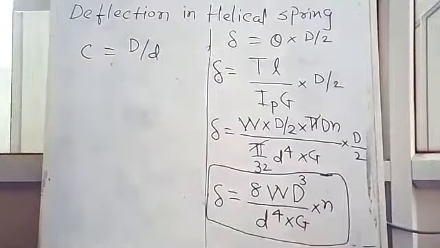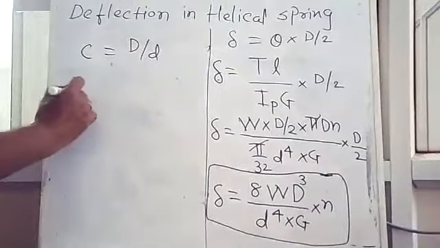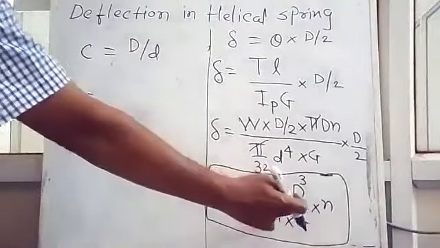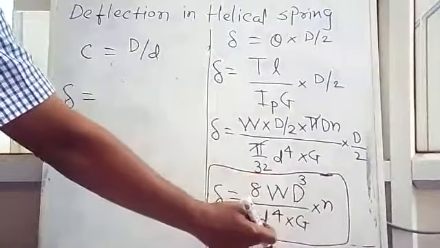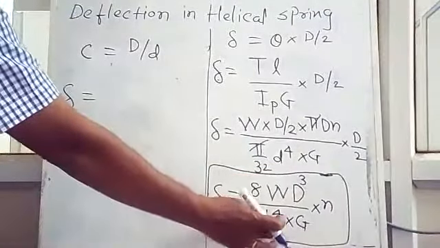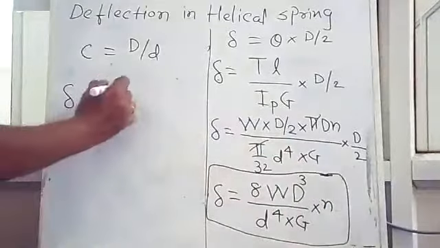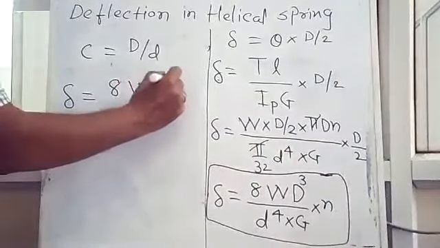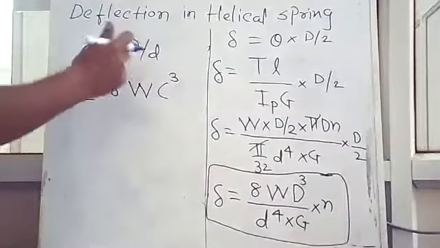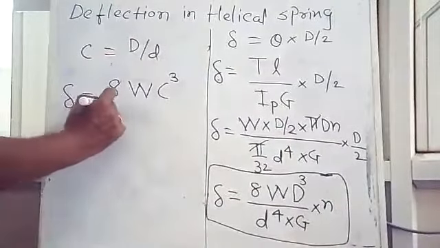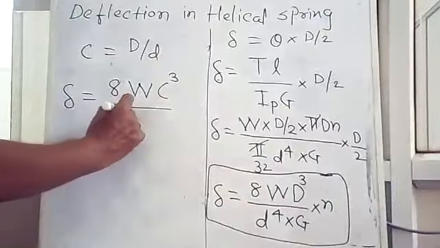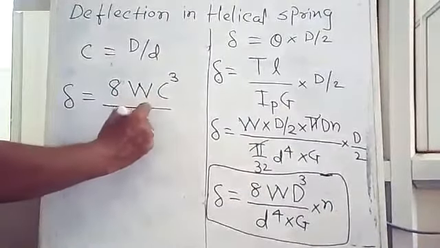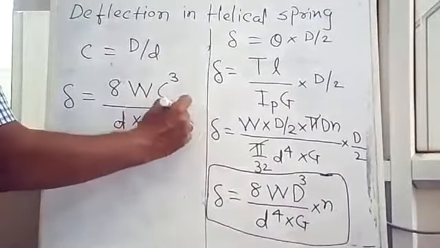The spring index C equal to D by d. So we can rewrite this equation like this. Instead of this D cube and this d to the power of 4, we can keep this D cube here so that the relationship becomes like this. 8 W C cube. C cube is nothing but D cube by d cube, divided by only one d here, multiply by G multiply N.